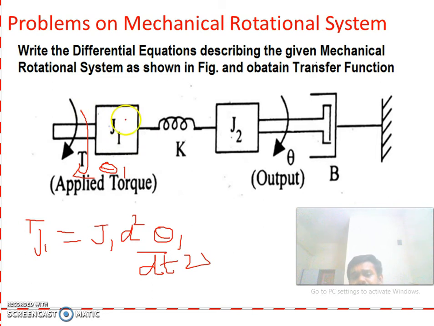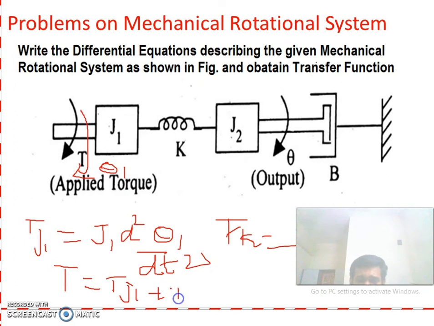Then due to this spring K, the opposing torque Tk is equal to K into theta 1 minus theta. This spring is connected between J1 and J2. J1 has a displacement of theta 1 and J2 has a displacement of theta, so we write it as K into theta 1 minus theta. Here the applied torque is T, so T is equal to Tj1 plus Tk.